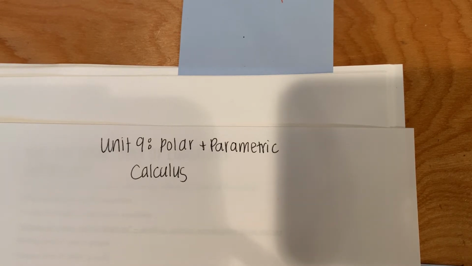So anyways, Unit 9 is polar and parametric calculus. If for some reason you did not learn about polar equations or parametric equations in pre-calc honors, please pause this video, go back to the email I sent with the links to the Khan Academy videos about reviewing what these equations are, and check out the review worksheets that I sent out to just get your brains with what are parametric equations, what are polar equations, how to use the functions in different settings.